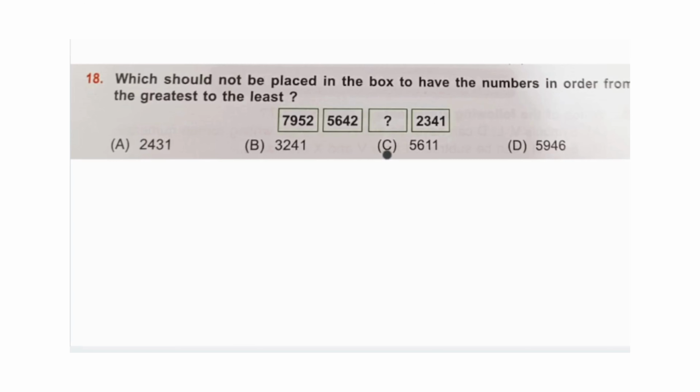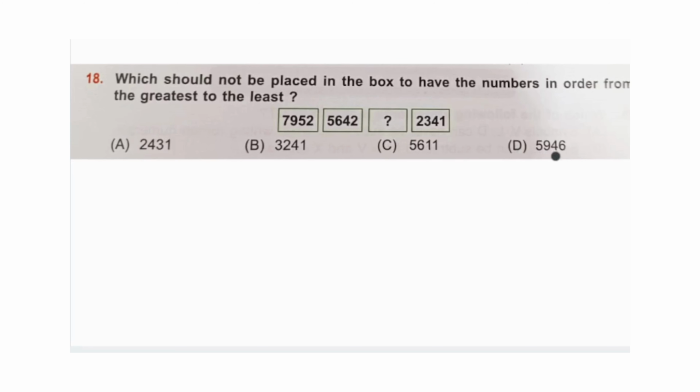Let's see. What we can do is, if you see the last option, which is 2, 3, 4, 1, we can try to find a number that is bigger than this number that will fit in here properly. But when you see the options, 2, 4, 3, 1 is greater than 2, 3, 4, 1. 3, 2, 4, 1 is greater than 2, 3, 4, 1. 5, 6, 1, 1 is greater than 2, 3, 4, 1.